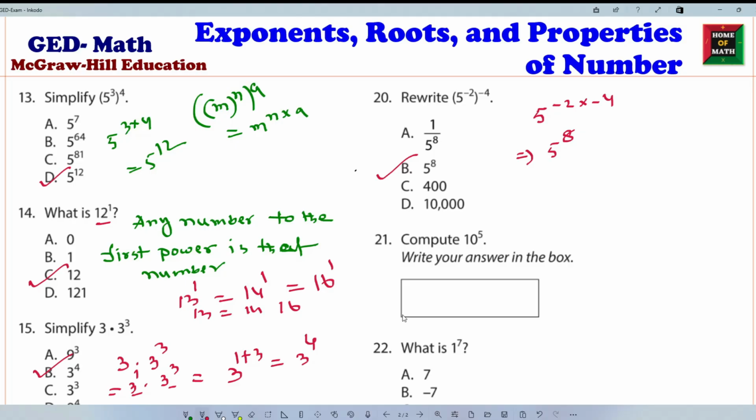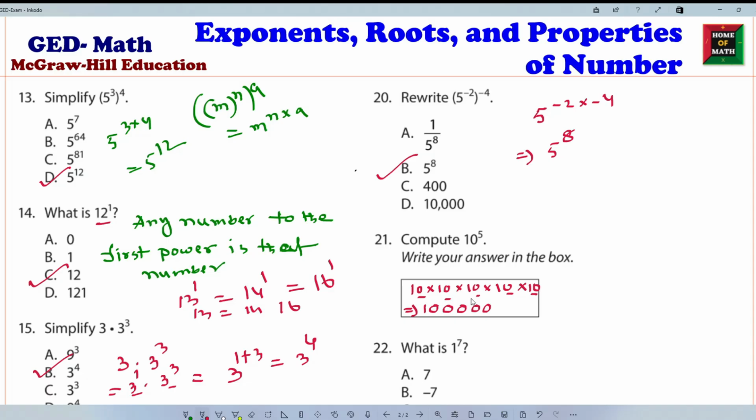Okay, now compute 10 to the power 5. 10 to the power 5, look, this one is 10 into 10 into 10 into 10, 1, 2, 3, 4, again 10. It means 1, followed by 5 zeros. So this is our answer.